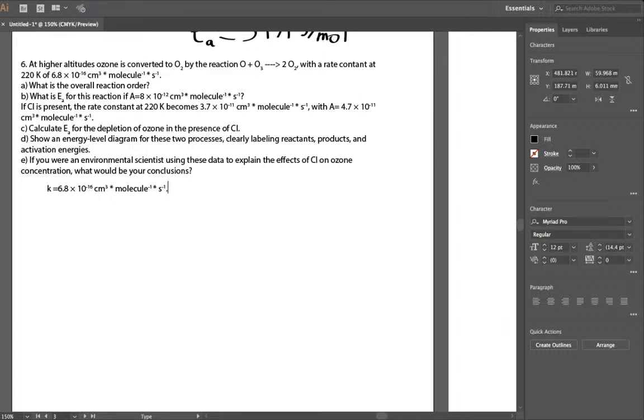This would mean that the overall reaction order must be 2. How do you know that it's 2?